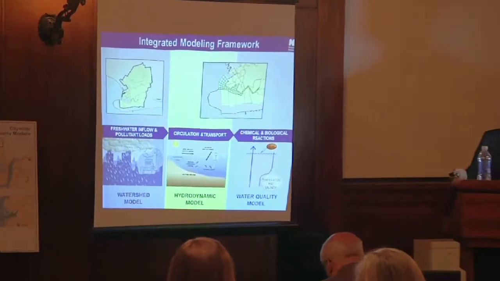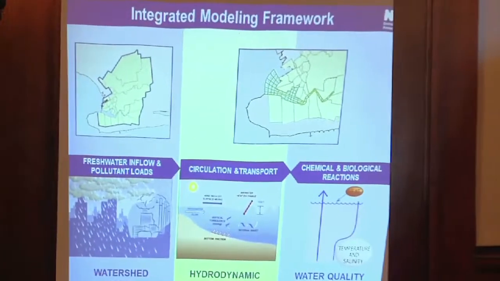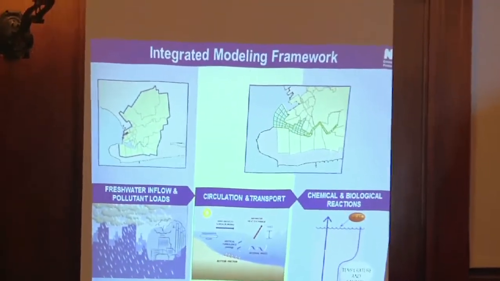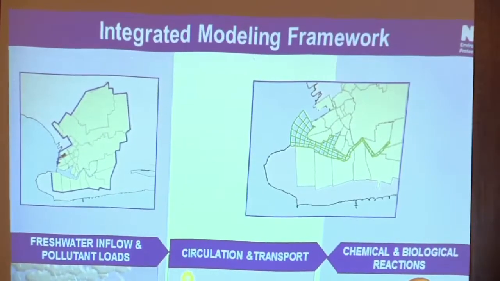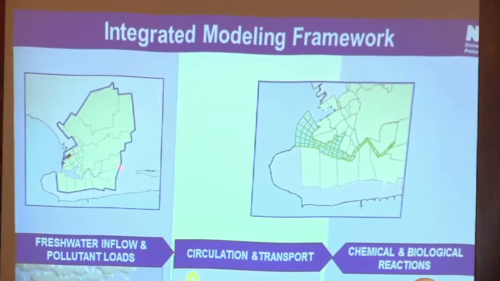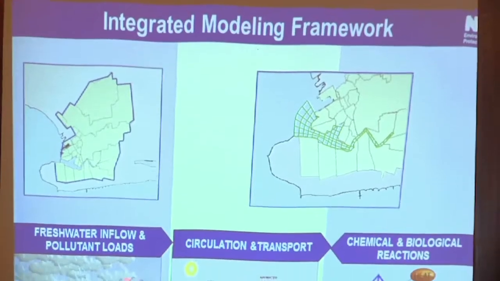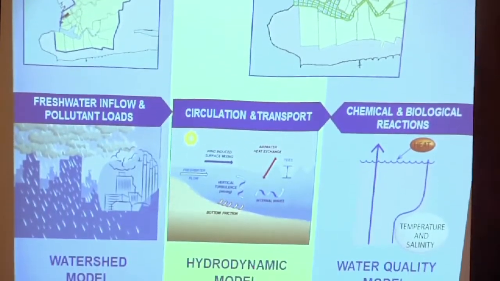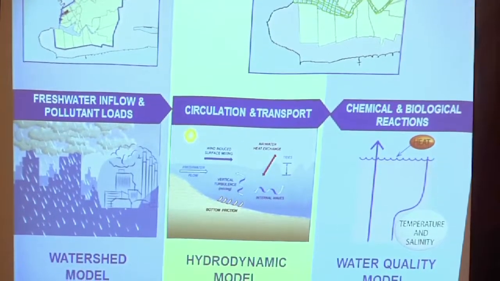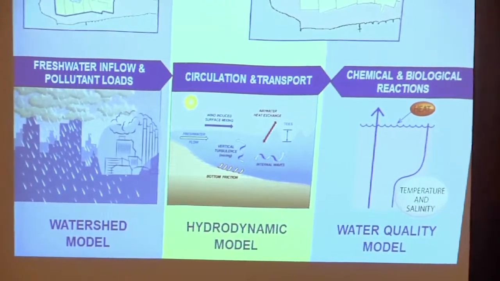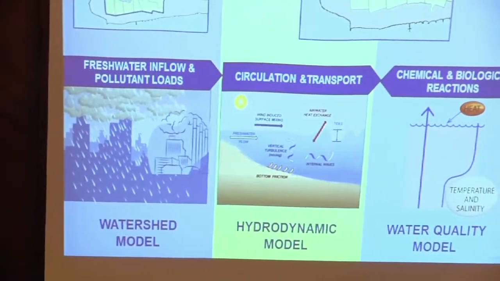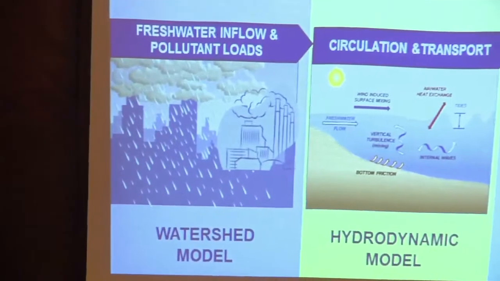So in big picture view, these models, we call them integrated models because they are components based. The first part is what you see on the 1/3 of your left side of the screen, the watershed model that looks into the land uses, the parks and residential land uses and so on.